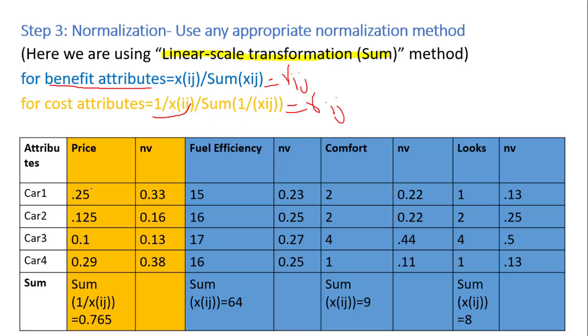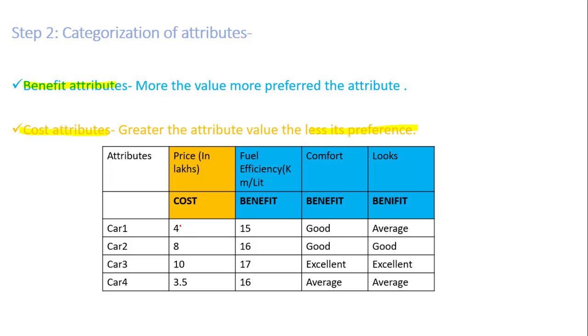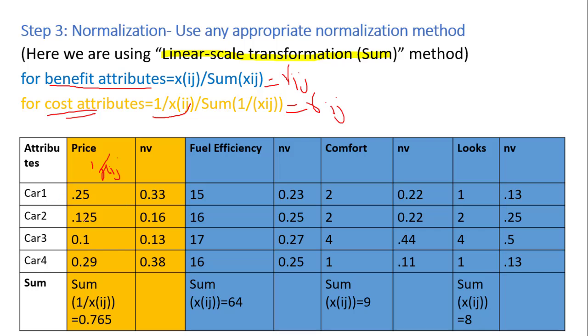Let us solve this. Price is a cost attribute, so first we calculate 1 upon Xij. Xij is 4, 8, 10 and 3.5. So 1 upon 4 is 0.25, then 0.125, 0.1 and 0.29. So 1 upon Xij is calculated for the cost attribute.